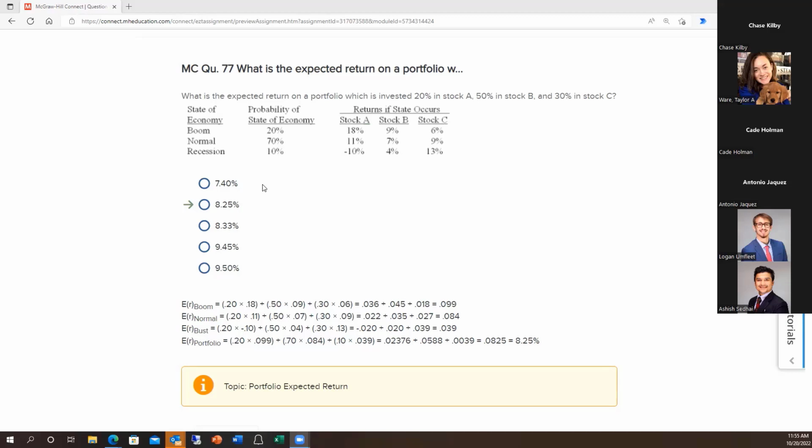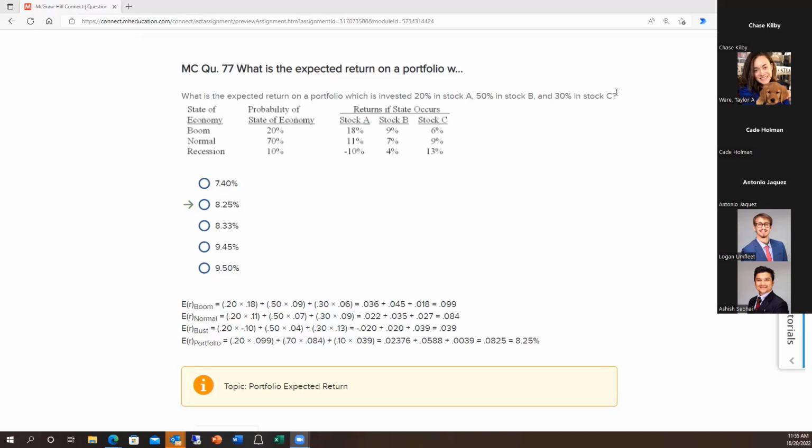And we would add all that together. That would be the expected return on stock A. And we do the same thing for stock B and stock C. And then we just go through and apply these weights, 20% times that expected return on stock A, 50% times the expected return on stock B, and 30% times the expected return on stock C.